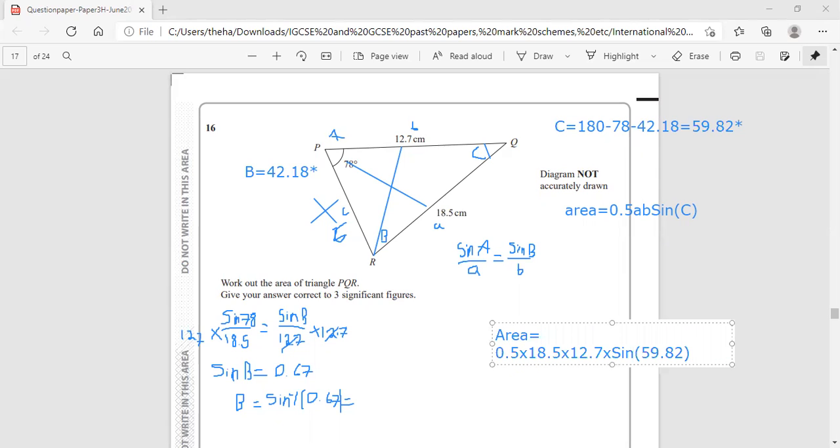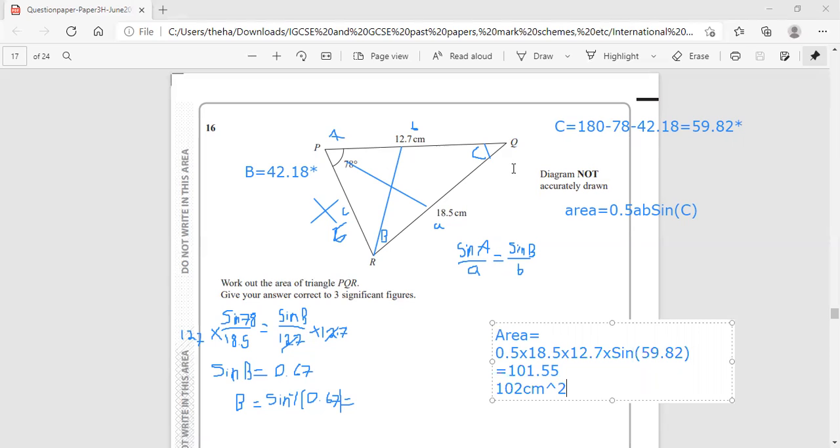Then put that into your calculator and see if you get the same answer as I do. That will give us an answer of 101.55, but it's asking for 3 significant figures, so you get 102 centimeters squared as our final answer.